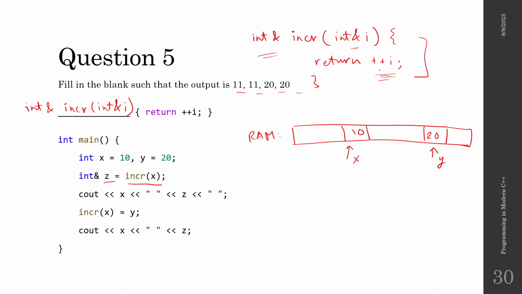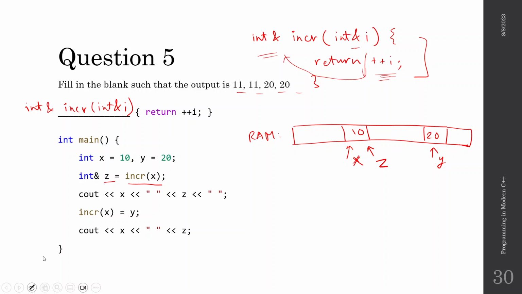One thing you must remember is that the reference over here has not been changed. Basically the input is I, and then that same I is being returned only, so no new reference is being created. So z will also point to this same location. x and z point to the same location.